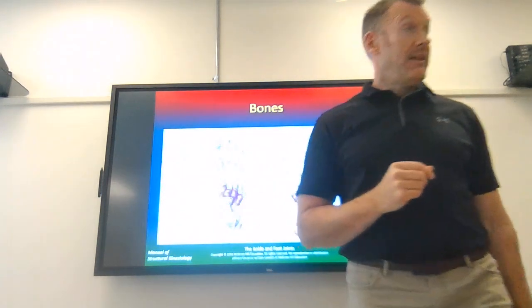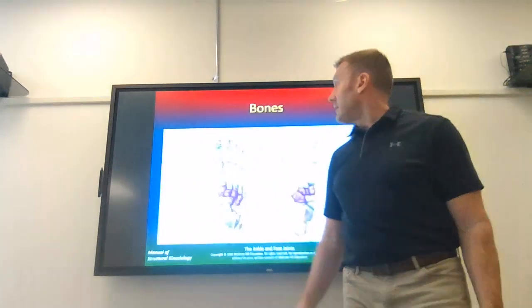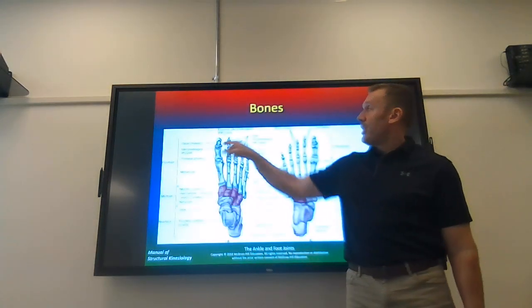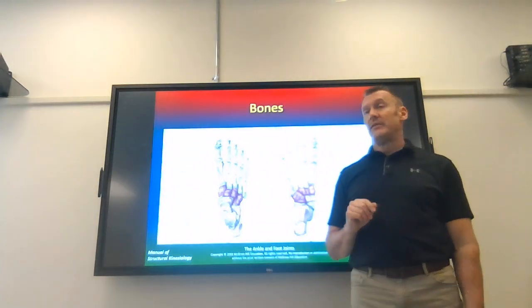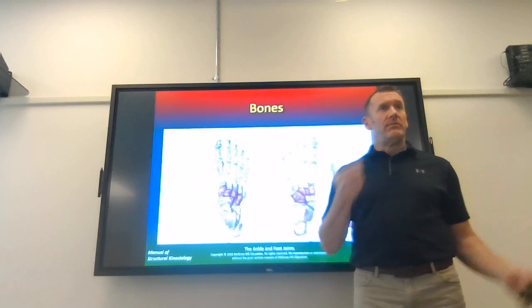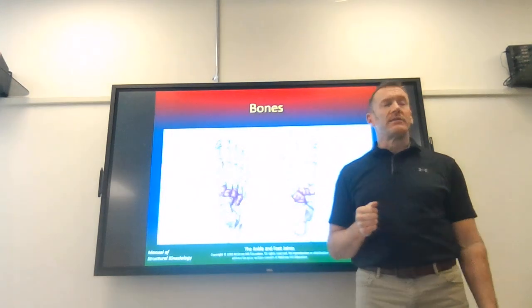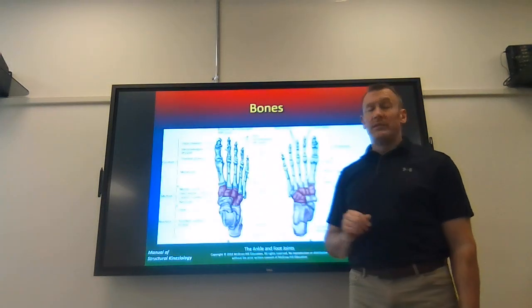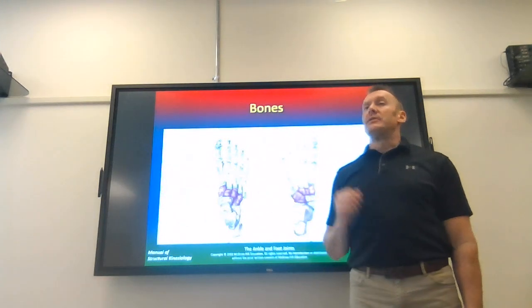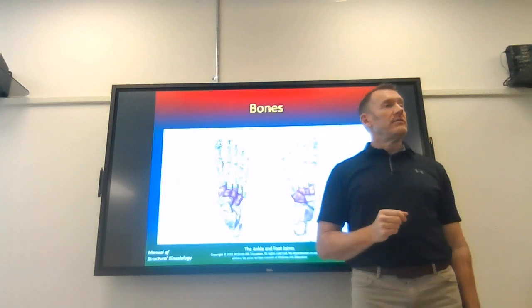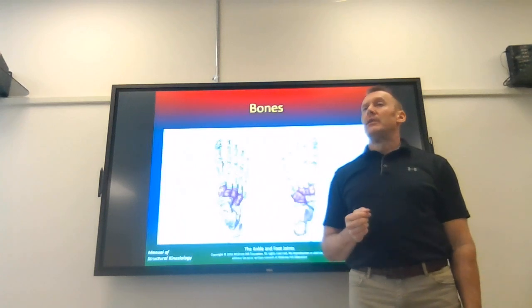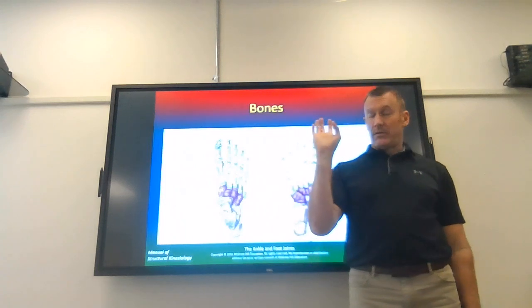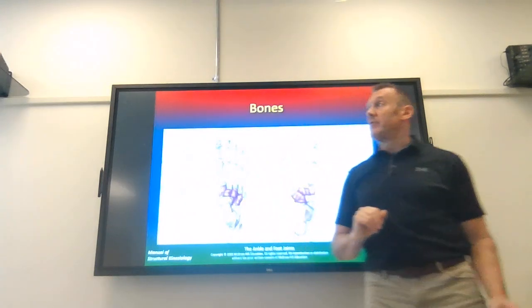So then, moving distally, the great toe has 1 interphalangeal joint. So a lot like the thumb. Okay, so it's ginglymus. And then we have a proximal and a distal interphalangeal joint for the 4 lesser toes. So those are also ginglymus, just like the joints of the fingers.